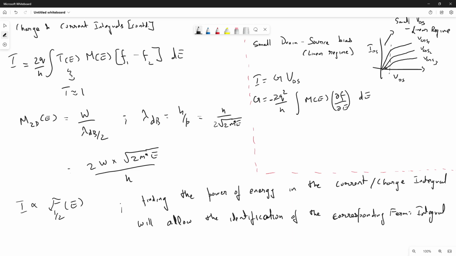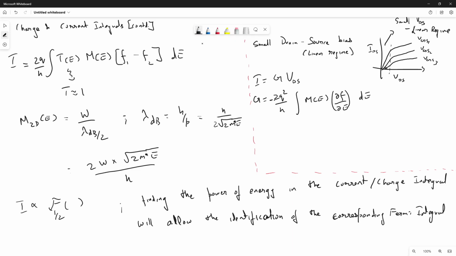Correct? Now, if I integrate for a 2D channel, what will the Fermi integral be? It will be this F half. That's what we saw, right? And then I'm taking a derivative with respect to E or eta f.